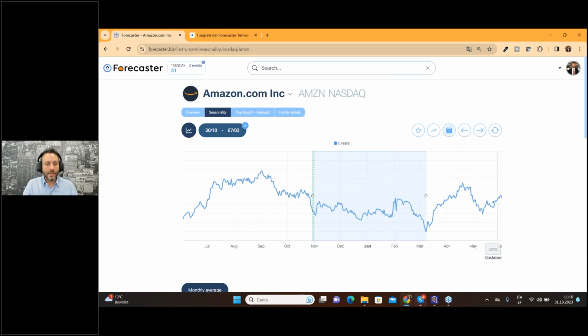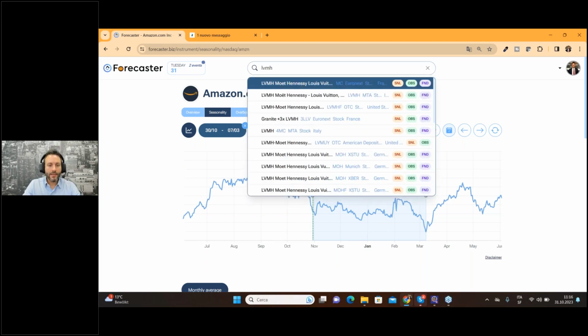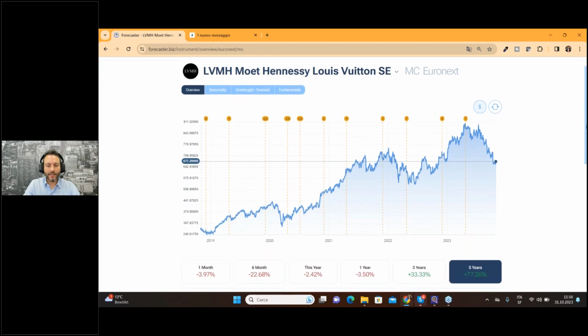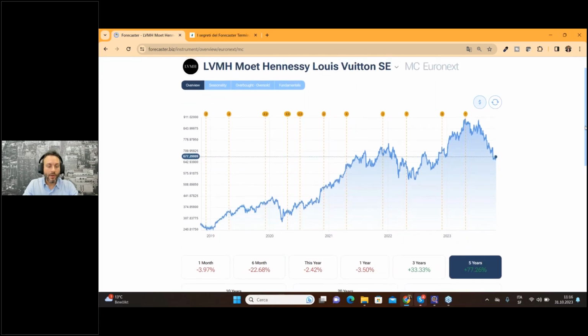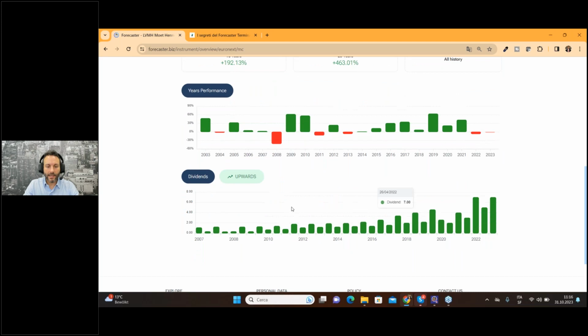For example, if we go and look right now at the LVMH stock, okay, which is Louis Vuitton, that we all know, we see a different situation, because meanwhile we also have a stock that has always paid rising dividends, and we see it precisely from the dividend history.